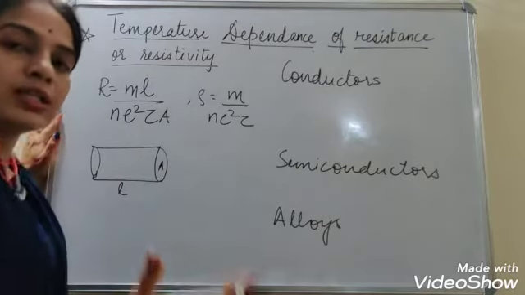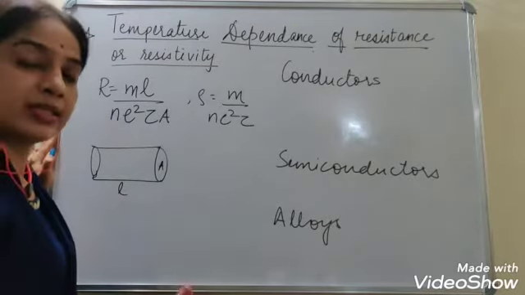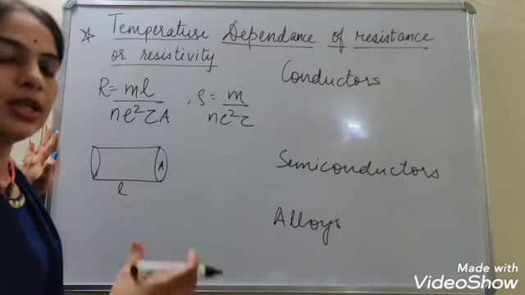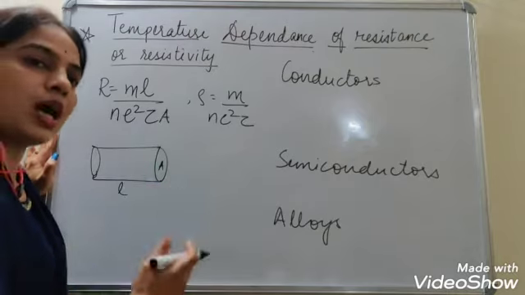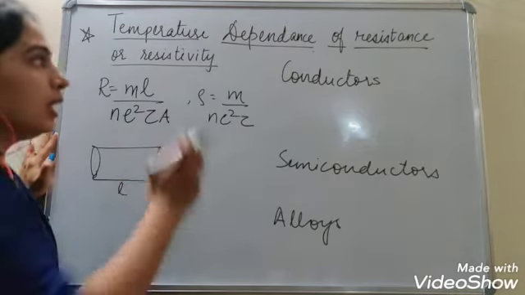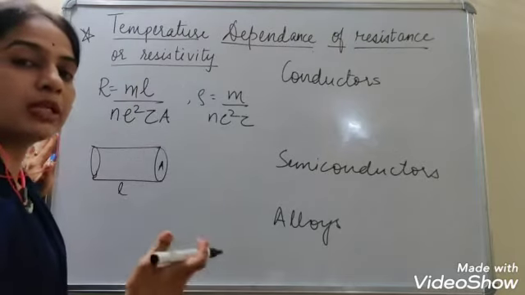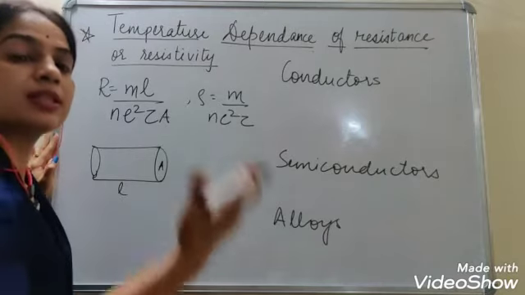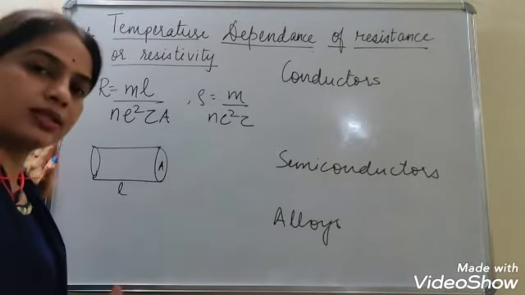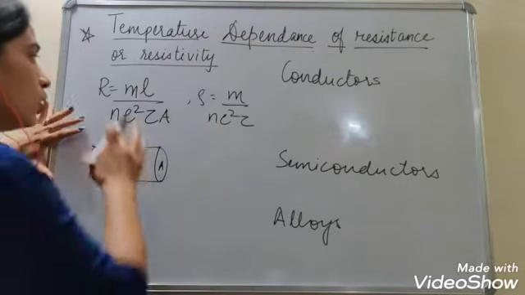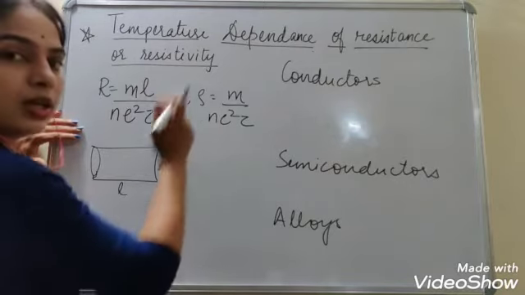Remember, we state Ohm's law for fixed temperature and pressure, that means external conditions remaining constant. When temperature is constant, V is directly proportional to I, or R is constant. Here we are talking about the temperature dependence of resistance. That means, if we increase or decrease the temperature, how will the resistance get affected?